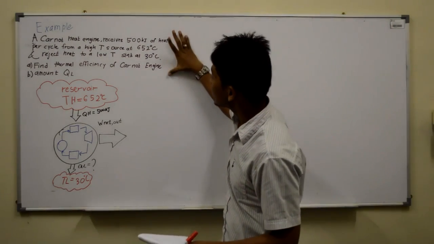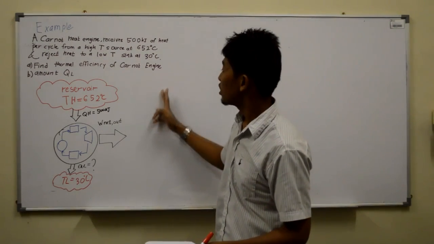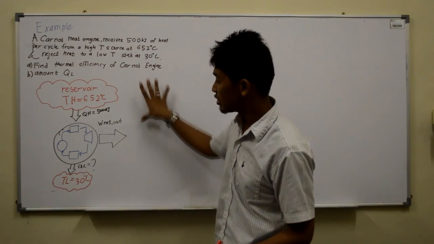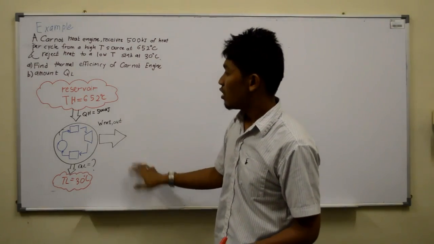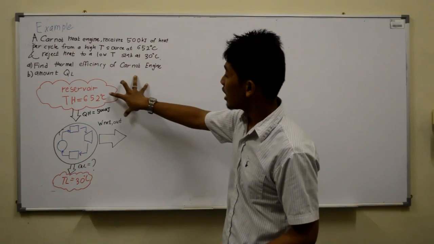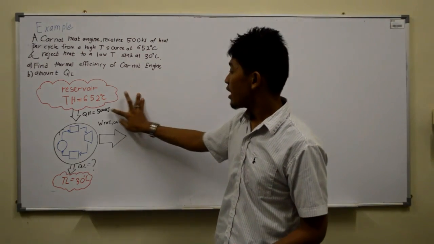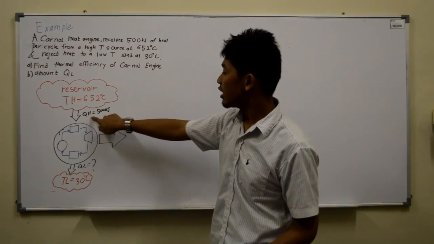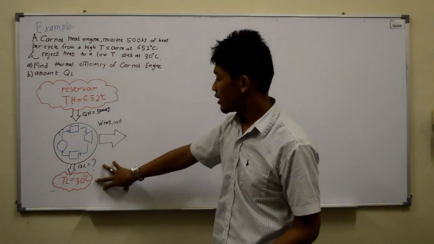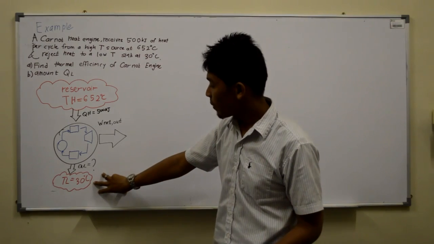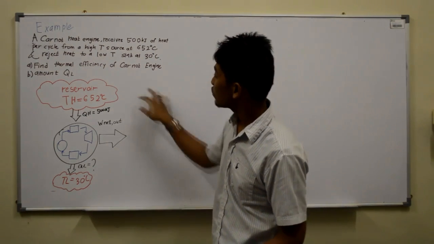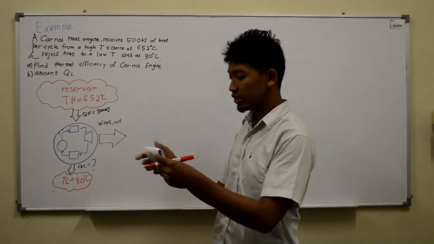From this question we can illustrate it in a diagram. So this is the diagram of this question. The high temperature is 652 degrees Celsius, and the high heat is 500 kJ. Then there is the lower temperature, and we have to find the thermal efficiency.